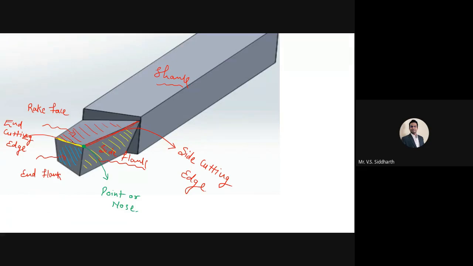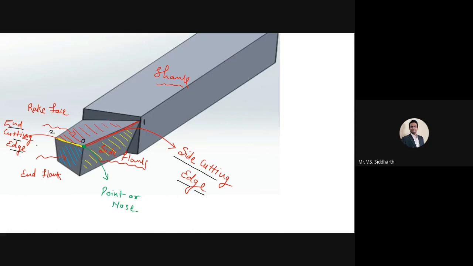Let us suppose this nose is 0, the end of the side cutting edge is 1, and the end of the end cutting edge is 2. If I say 0, 1, you should understand that I am talking about the side cutting edge. If I say 0, 2, you should understand that I am talking about the end cutting edge.